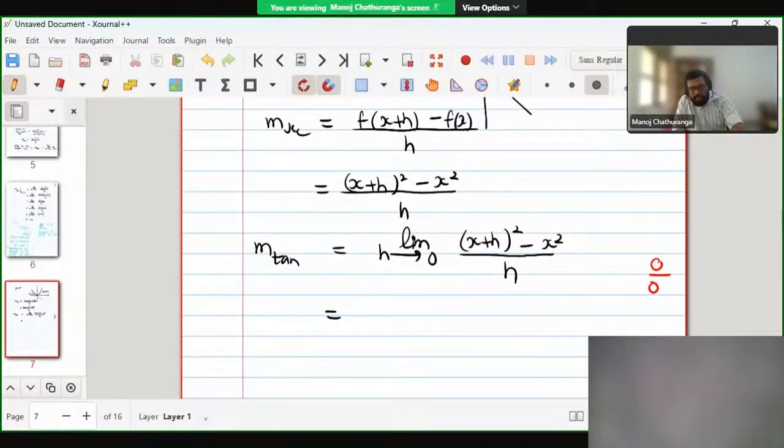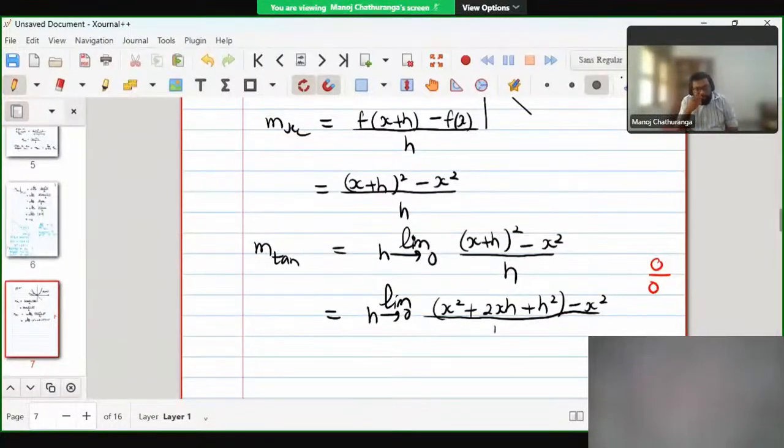So let's compute the limit. Let's simplify this and see what we can get. Again, you can expand: x square plus 2xh plus h square minus x square divided by h.